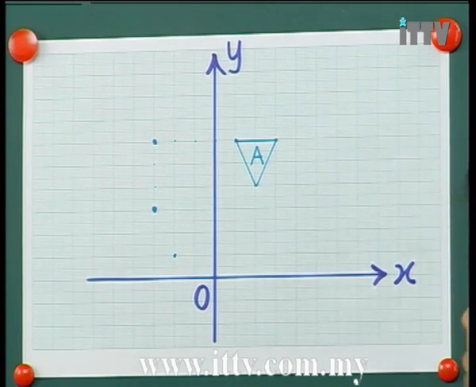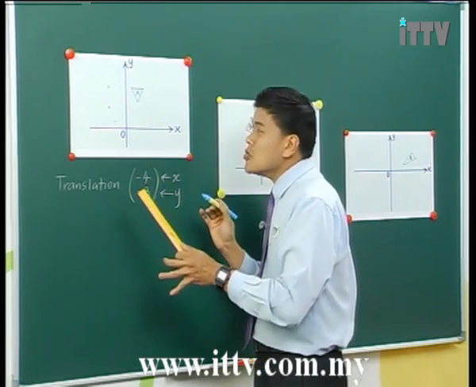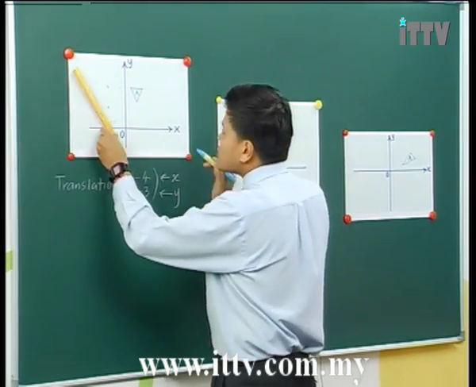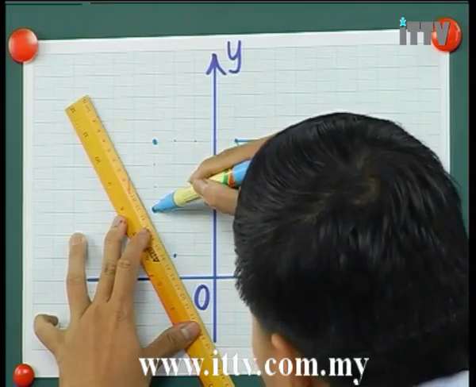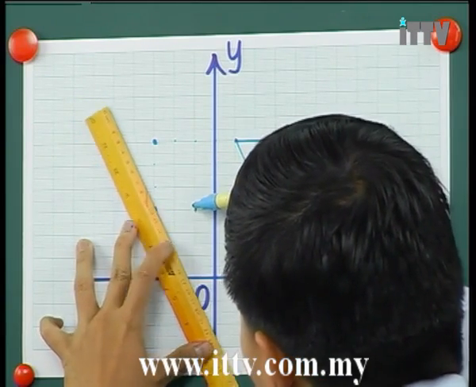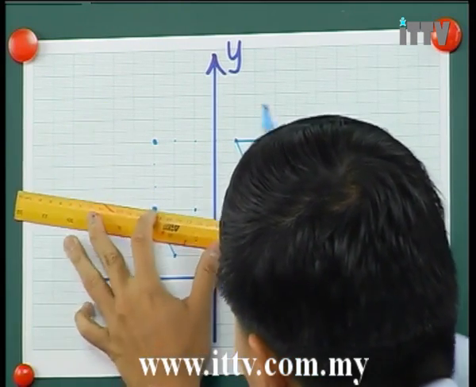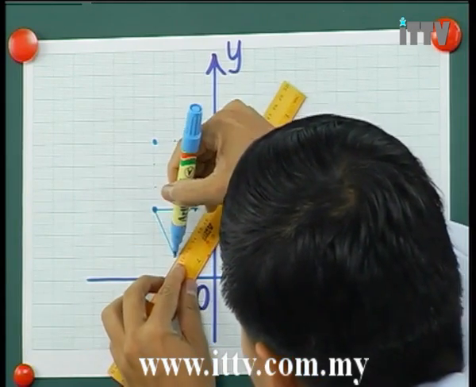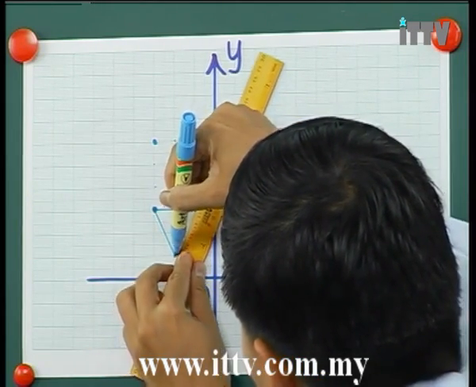So there it goes. I don't have to actually move all points because in a translation, the object doesn't change shape, it doesn't change size, it just moves. And the orientation will be the same, which means it still points to the same place. If I connect them, this is what it will look like. The other point will be here. Let me connect them all, and you can see that the triangle A has moved already.